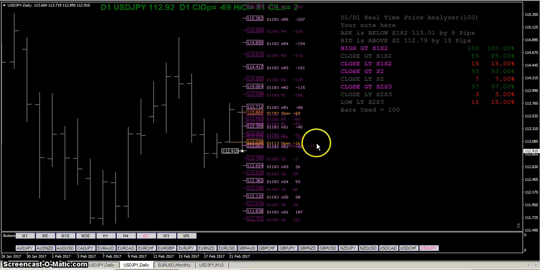So if you've watched those missed pivot videos, you'll know that the yen in particular likes to take out pivots. Last night, there were 2 missed pivots. This was one of them, and then there's another one up here around 114 something. And I said probably by the end of the week, at least one of those pivots would be taken out, if not both. So we see that the one was taken out.